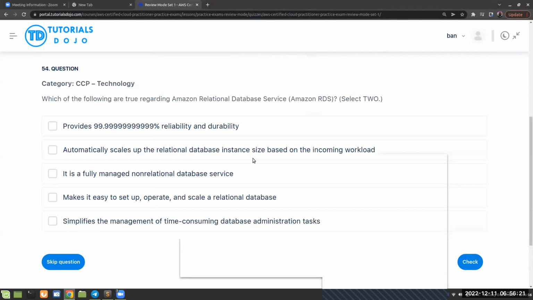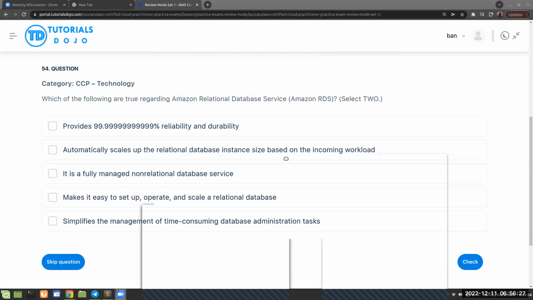Next question is for Adam. Which of the following are true regarding Amazon Relational Database Service? Select two.